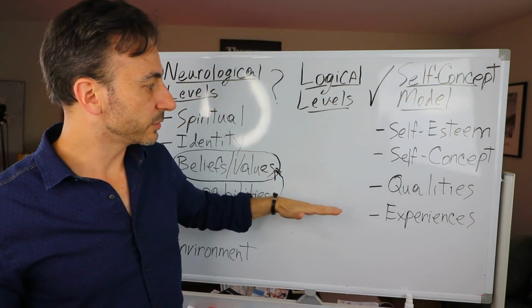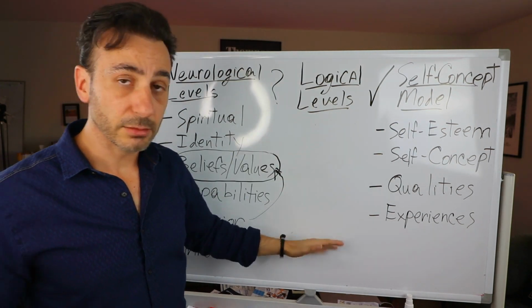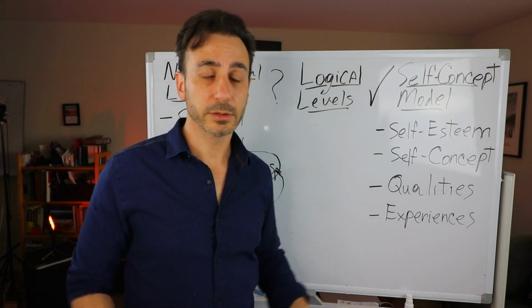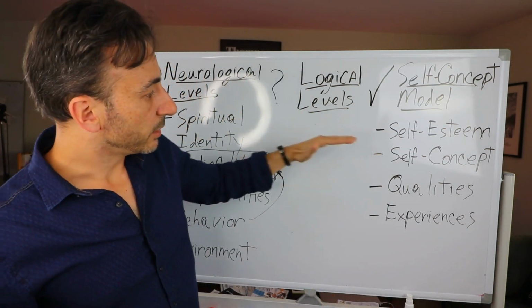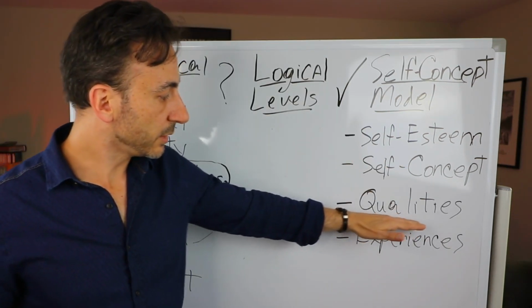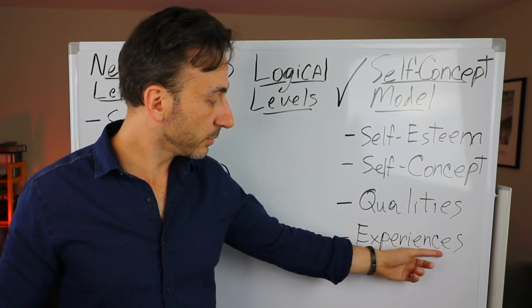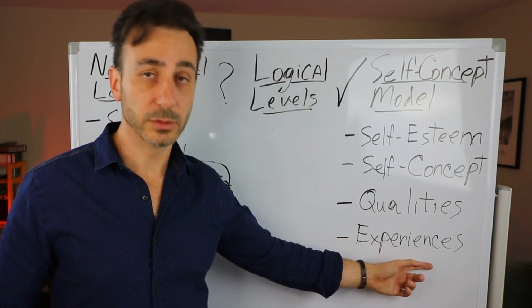Could you have logical levels where you make changes at the top level and they cascade down? Theoretically, yeah, absolutely, that's possible. That's not what's happening here, but it's certainly possible. Here, we make changes here. And actually, we don't change the content of the experiences, we change how you code those experiences.